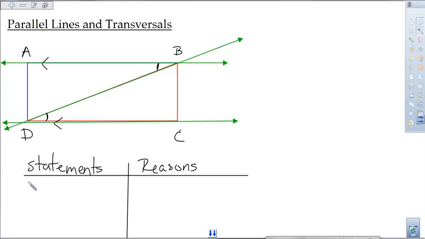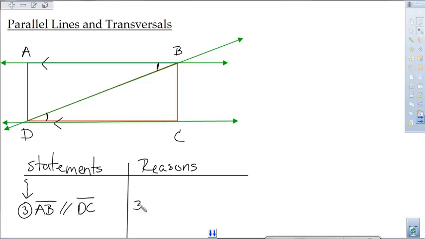Okay, so somewhere along the way, we get to the point where we want to show this angle is congruent to this angle. So we say first, let's say we're on step 3, segment AB, or line AB, either one, is parallel to segment DC.